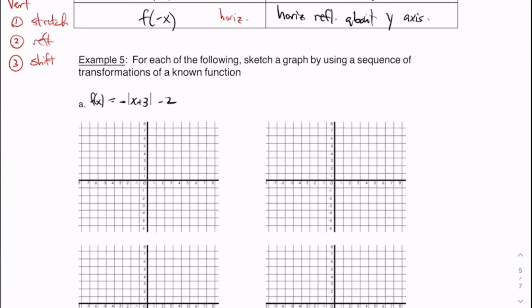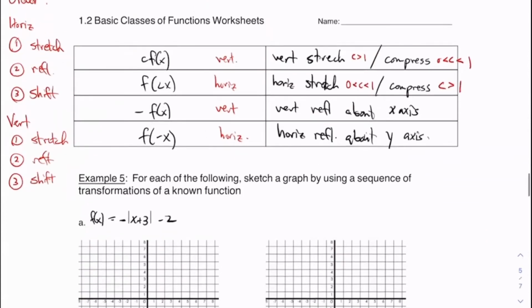The reflection across the y-axis, or no, sorry, the x-axis. I want to do the horizontal stuff first, and horizontal stuff happens inside of the function.